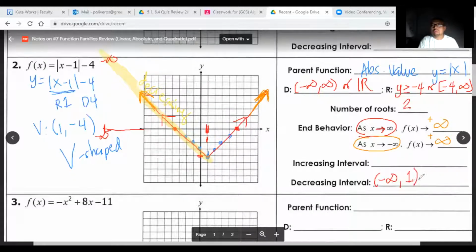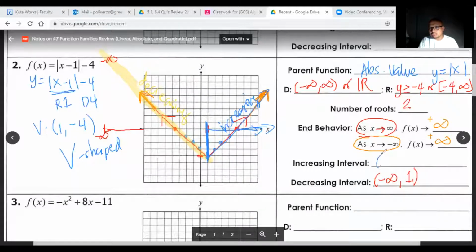Here, you always use parentheses because at 1, that's the minimum value. It doesn't mean it decreases there, it stopped there. So it cannot be equal to 1. And likewise, it's going up from 1, going to the right side of the x value. So that is the portion where it increases. It increases from 1 to the right.